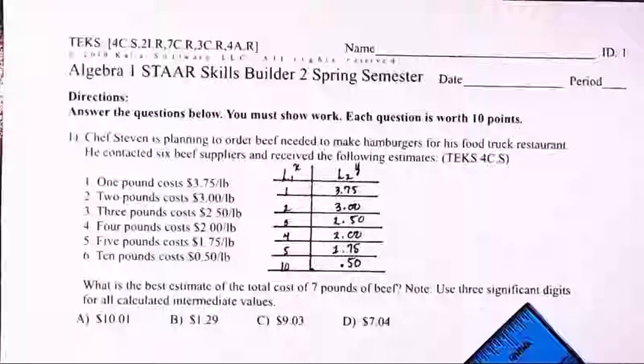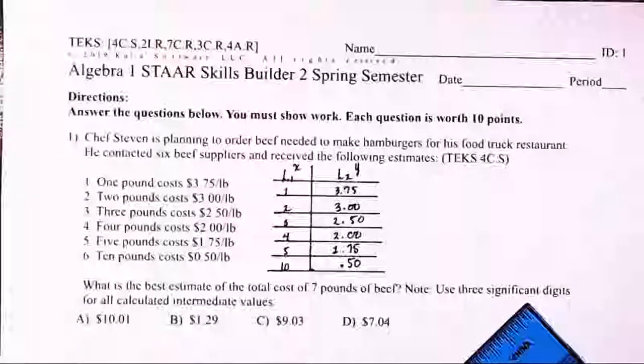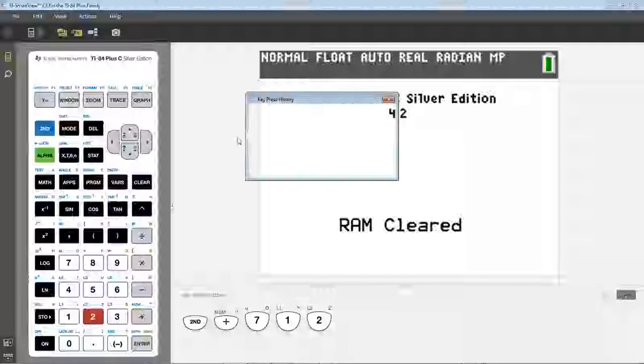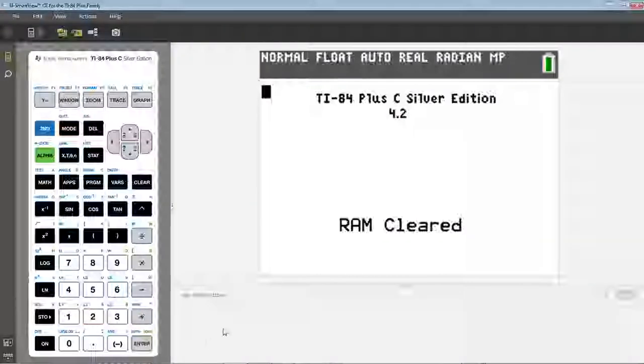All right, let's now transition to our calculator emulator. Make sure you clear the memory. Second plus 7, 1, 2. All right, and I'll clear my key press history, so if you're following along here on the bottom frame of this window, you can see what buttons I'm pressing.